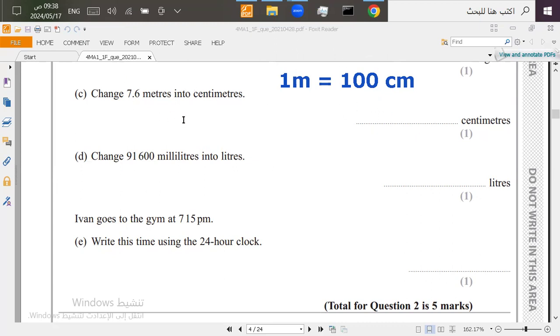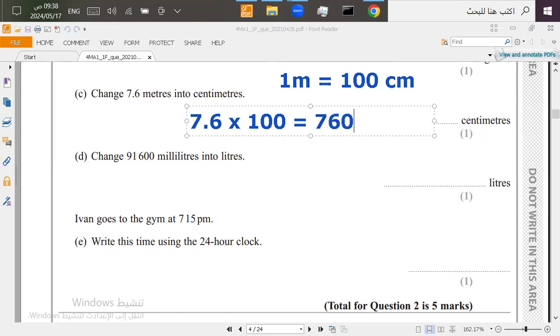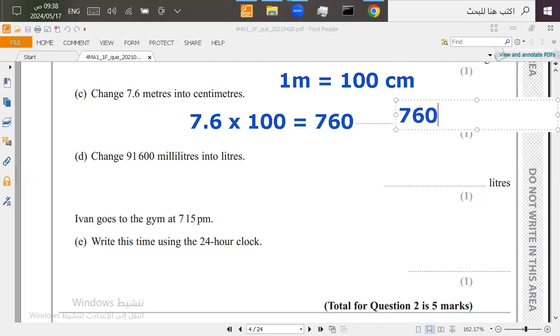So we're going to take the 7.6 multiplied by 100, and the answer will be, we can use a calculator to do this, 7.6 times 100, and it's 760. So the answer is 760 centimeters. Focus when you turn units into each other, and you'll get the idea.